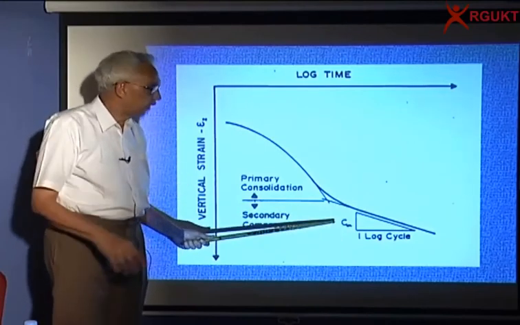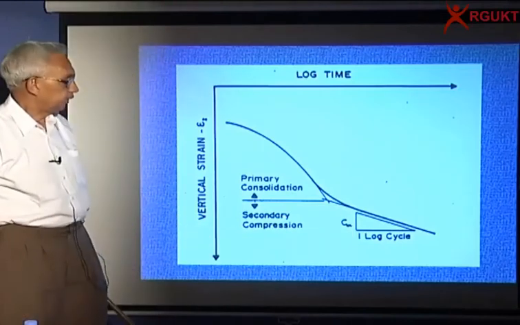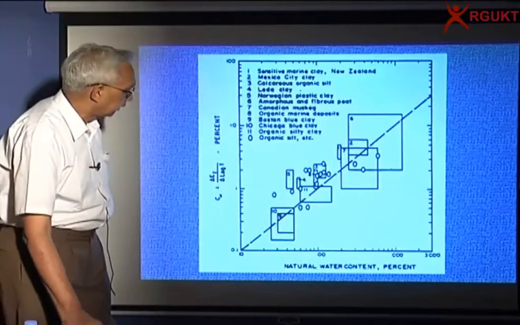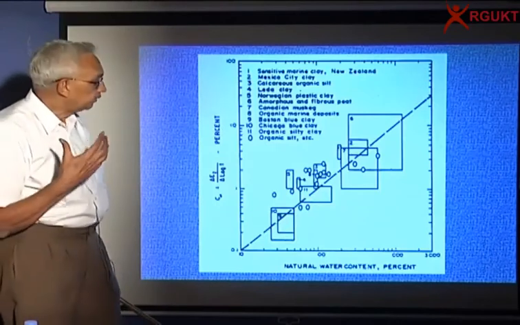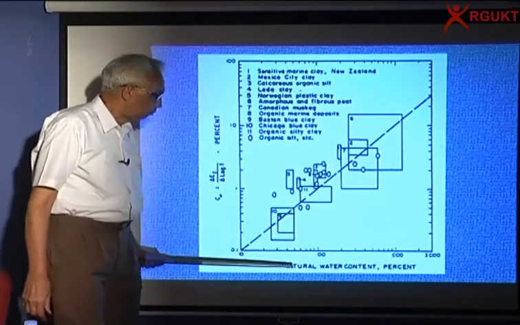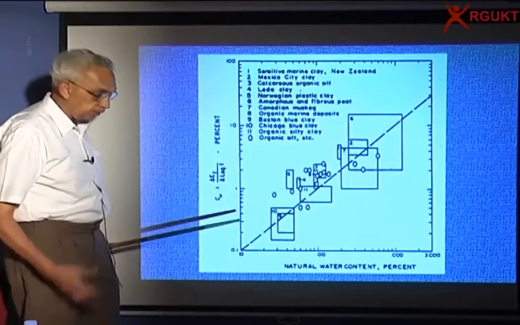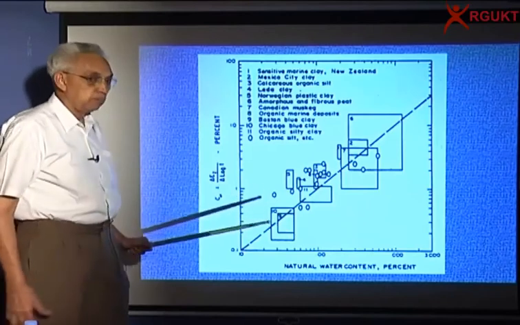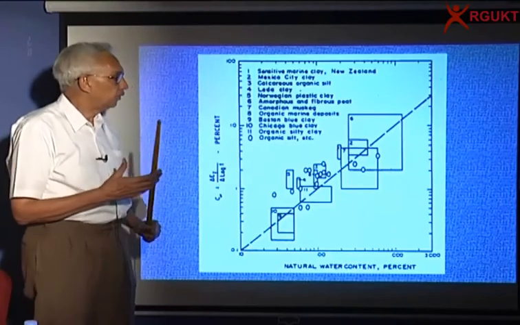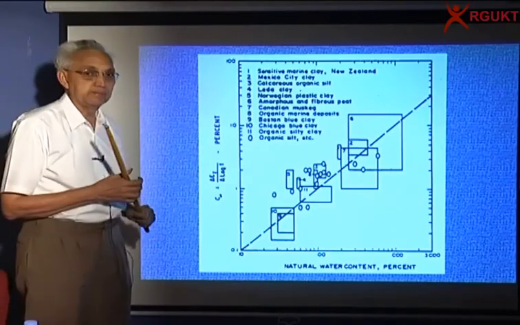Any one log cycle, whatever settlement occurs, defines the coefficient of secondary compression, and we use it to predict settlements. This is very high for clays which have high water content. If the water content is high, the coefficient of secondary compression is high. For organic soils, it could be very high. For normal inorganic clays, it's only about 4 to 5% of Cc.